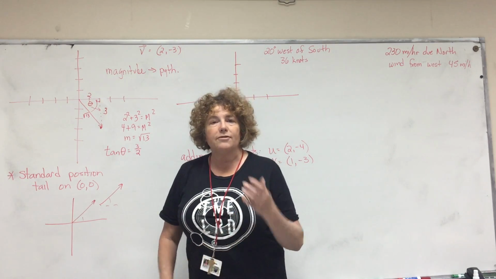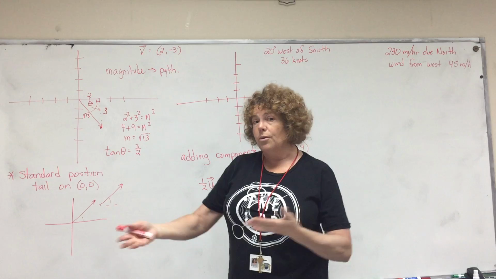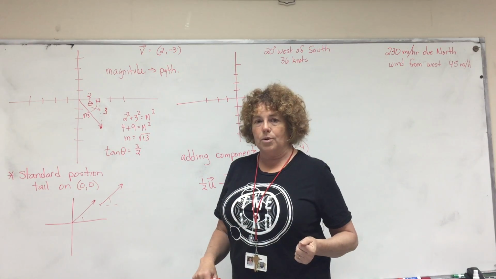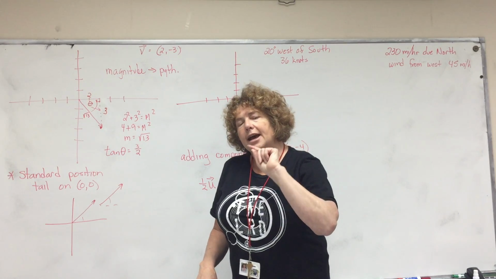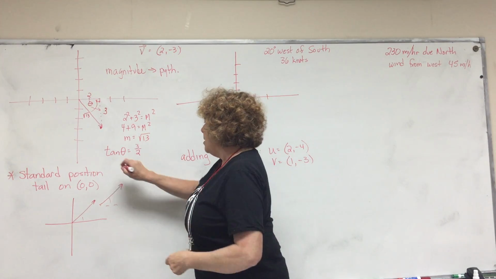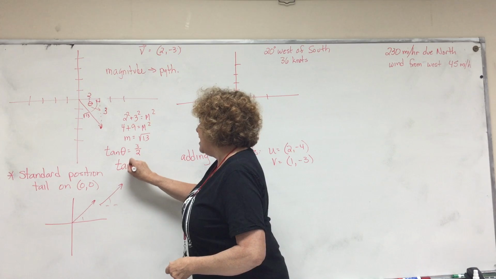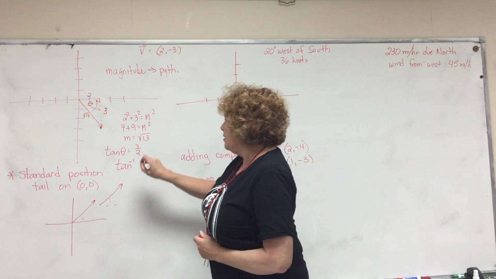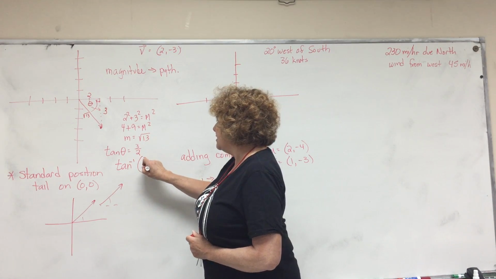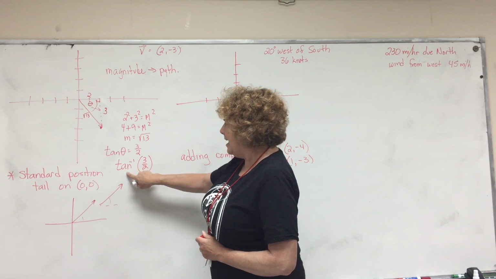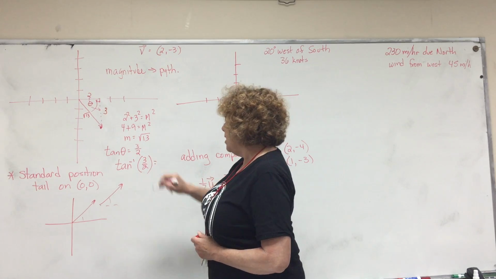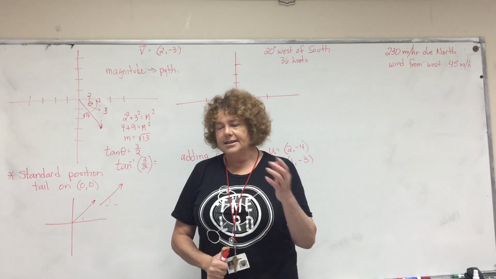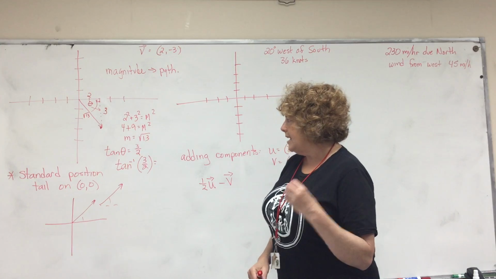Now this is where you have to use your calculator because we don't have books with the tables in the back anymore. All you have to do is hit the second button and hit the tangent button, and it'll come up with a display that looks like this. Then you just put in what the tangent is, because what this means is the angle whose tangent is 3/2. And when you punch that in, if you're set on degrees, you will get the answer.